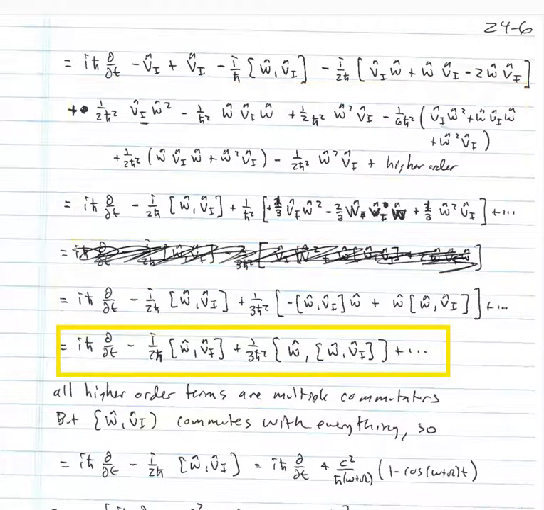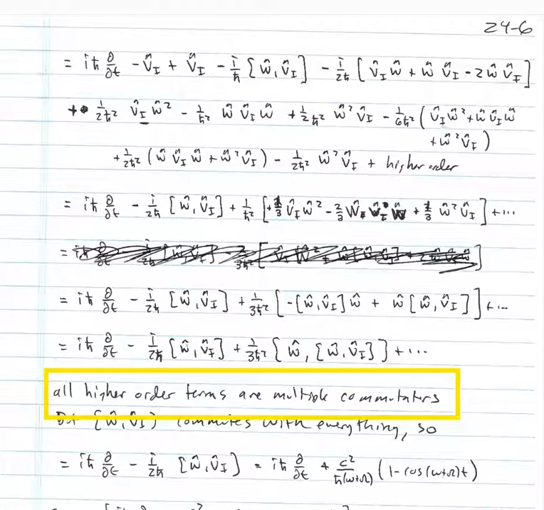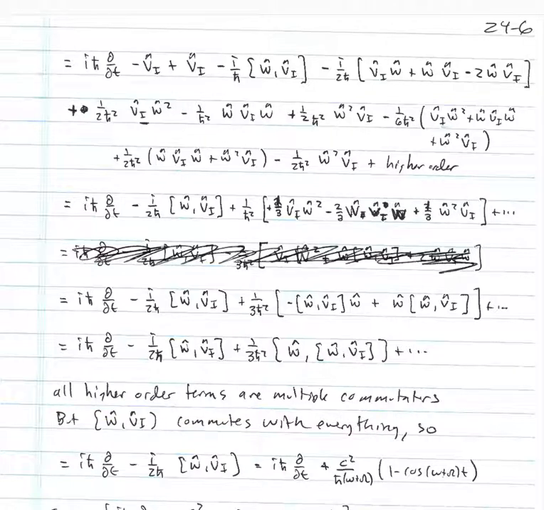And we find that the final expression after all the dust settles is i h bar d by dt minus i over 2 h bar commutator of w with vi plus 1 over 3 h bar squared commutator of w with the commutator of w with vi plus higher order terms. And the key, which I haven't explicitly given to you here, is that all higher order terms are multiple commutators. But recall the commutator of w with vi was a number, so it commutes with everything.